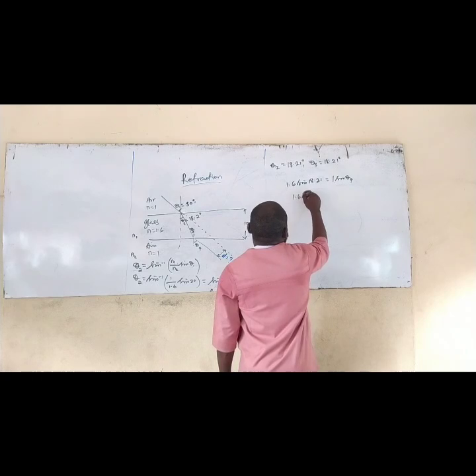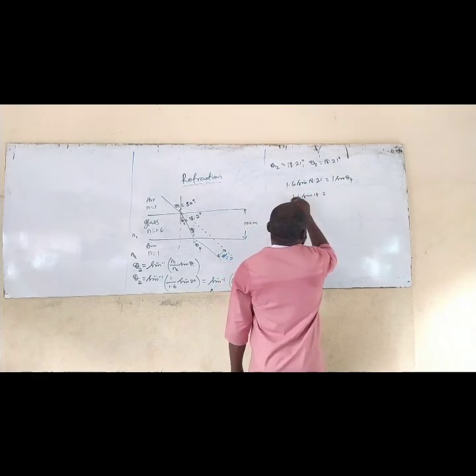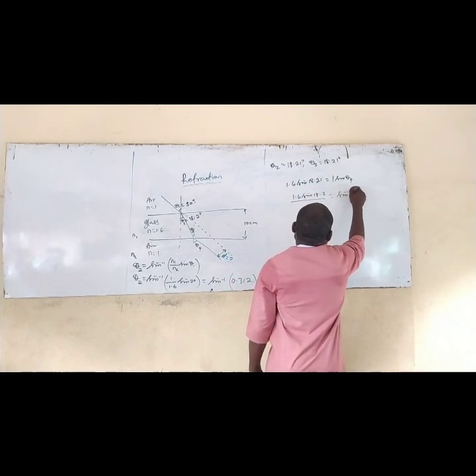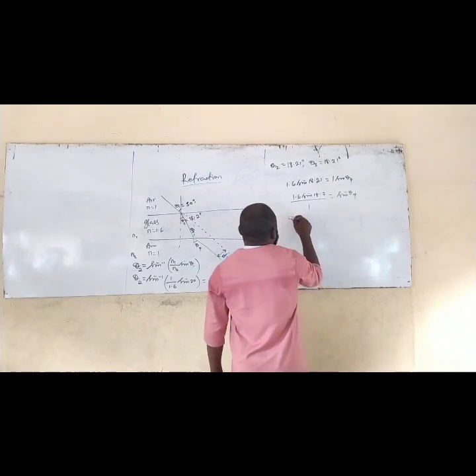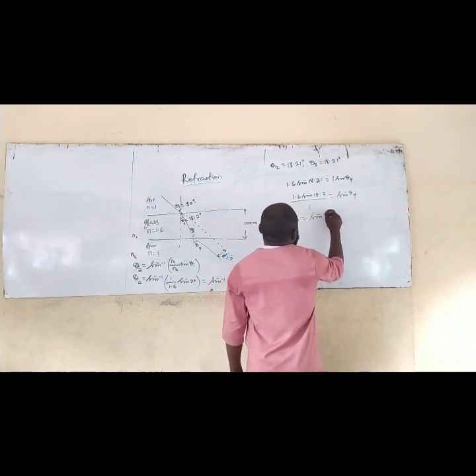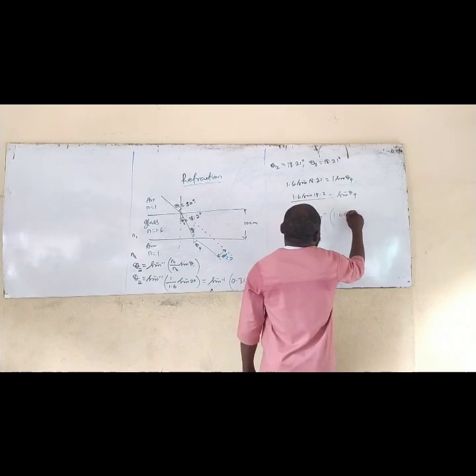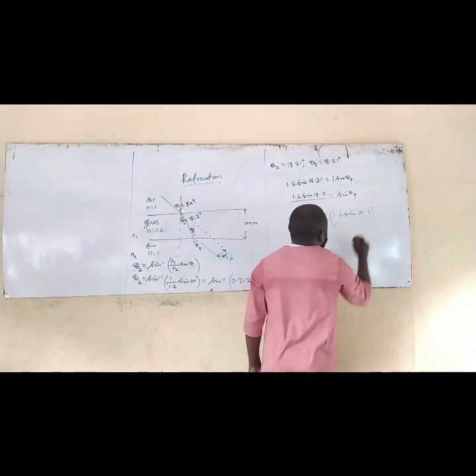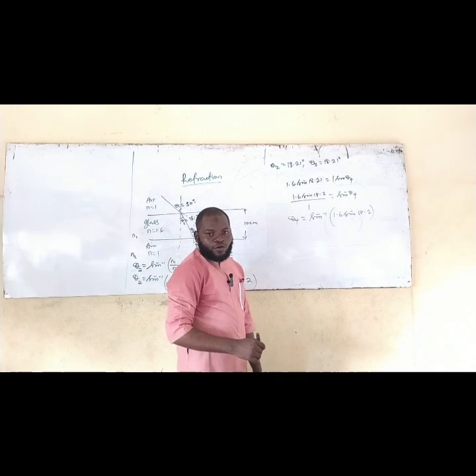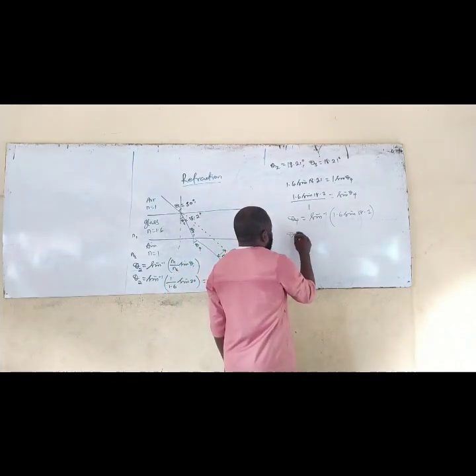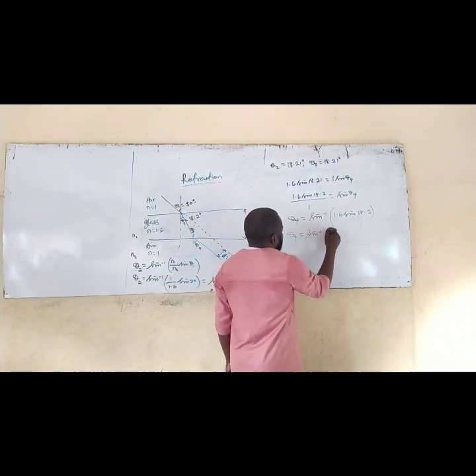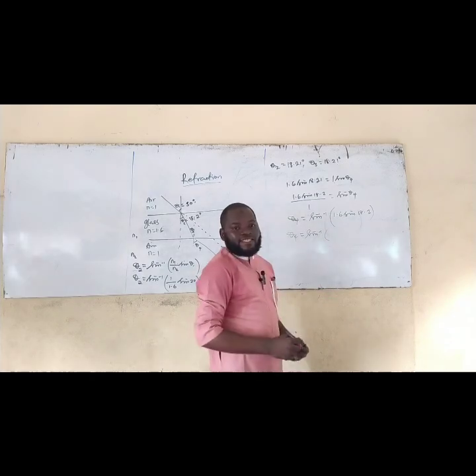Therefore, I have 1.6 sine 18.2 divided by 1 equals sine theta 4. So theta 4 equals arc sine of 1.6 sine 18.2. Are you following, guys? Yes. So what will be our result now? Arc sine of 1.6 sine 18.2.